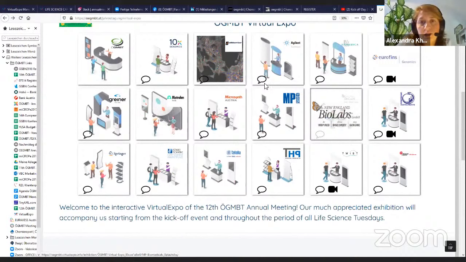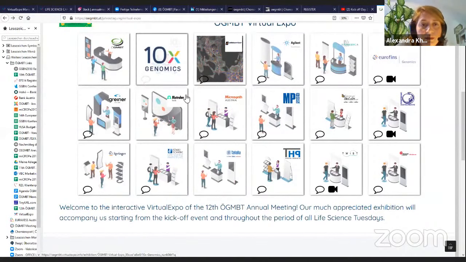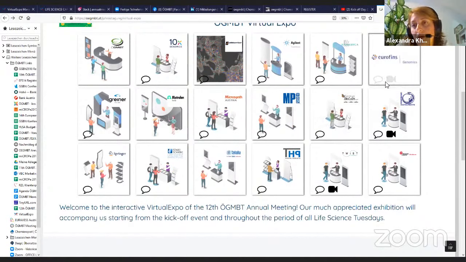Some exhibitors have this sign here at the bottom, which means that they are available for online chat. Some of the exhibitors also have this video icon, which means that they are also available for a video call. It was very important for us to keep this interactivity during the whole meeting.